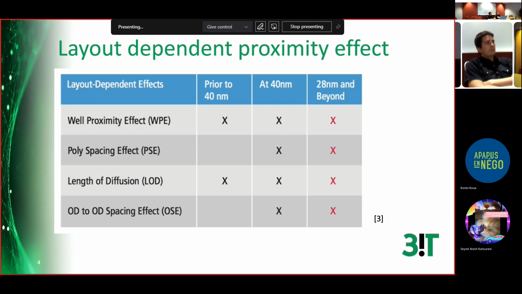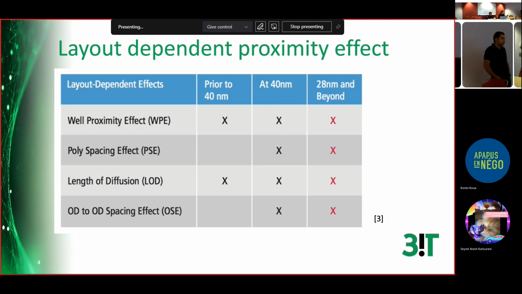Just keep the same spacing wherever, and usually this is what we do. At 28, there is a range or discrete values you can have. At 28, we have the dummy poly.